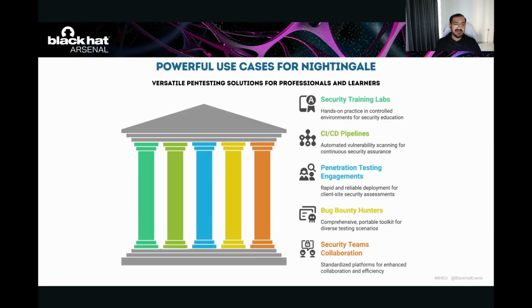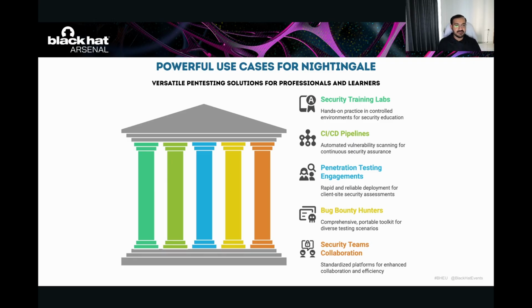Now, when it comes to use cases for Nightingale, we can use it as a security training lab. In CI/CD pipelines, we can automate the vulnerability scanning from Nightingale to provide the rest of the security.